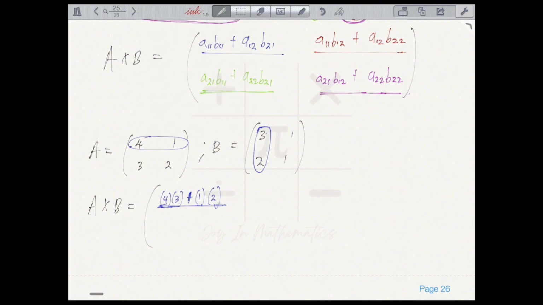Likewise, we want to solve for the first row and the second column. That is, we are taking the first row of A and the second column of B. So this will result in 4 multiplied by 1, plus 1 multiplied by 1.